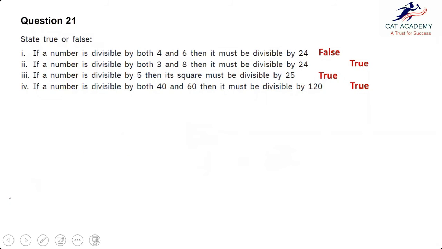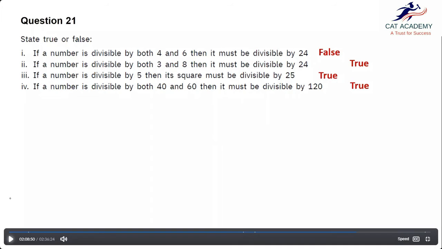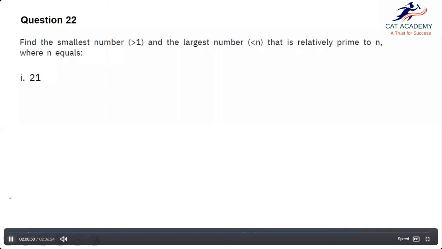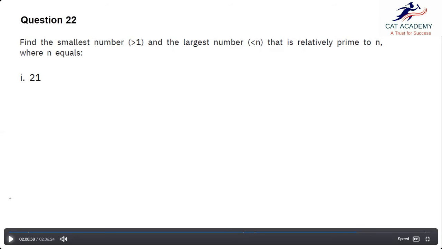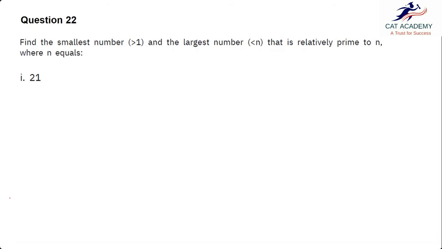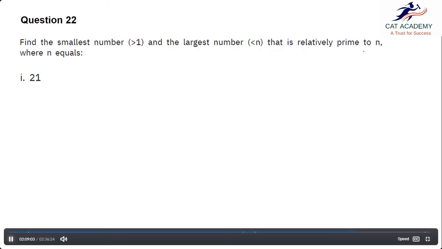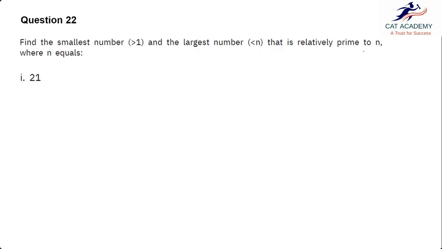Can we go to next? Okay. Find the smallest and the largest relatively prime numbers to n, where n equals 21.